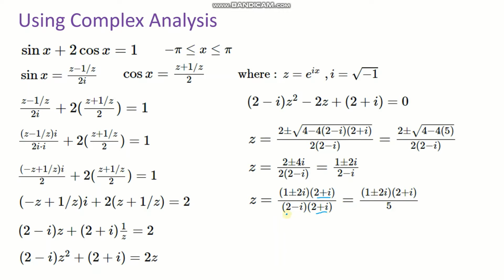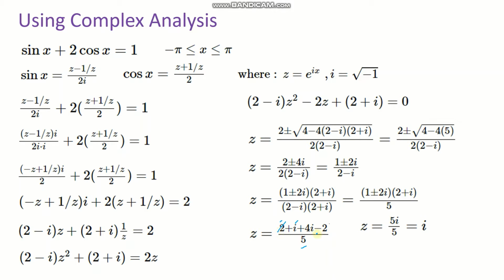The denominator part, we have 2 squared minus i squared. And again, i squared is negative 1, times negative, we have plus 1. So the denominator is 5 and the numerator is still the same. So we have two solutions given by the plus or minus 2i. When 2i is positive, applying the FOIL method, we have (2 plus i plus 4i minus 2) all over 5.